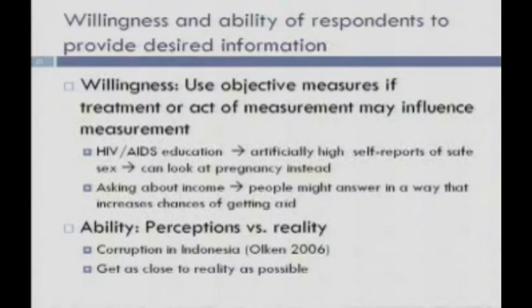First, people may not be willing to provide accurate information, and in that case, you may want to try to find proxy variables. Esther Duflo, Pascaline Dupas, Samuel Sinet, and I were involved in a project looking at HIV/AIDS education. This was a randomized evaluation. We thought the treatment might lead people to self-report safe sex or no sex.